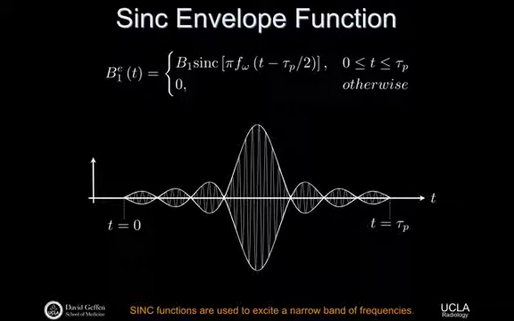And then inside of that is the carrier frequency oscillation, right? So this oscillation is 64 megahertz, or 128 megahertz, that has to line up with the underlying Larmor frequency.